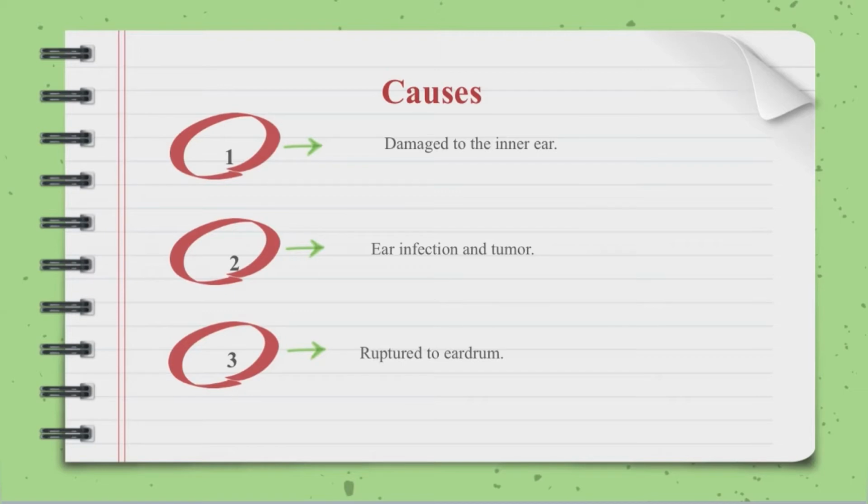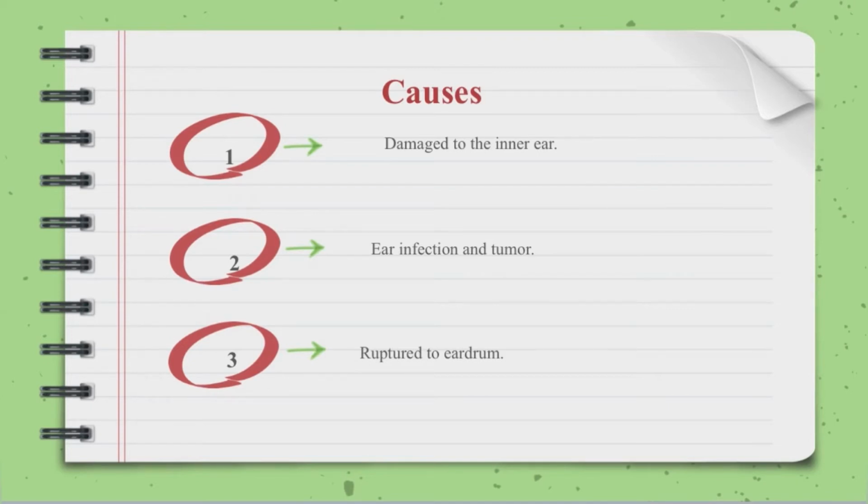I feel that you all might wonder, is it similar or different between damage to the inner ear, like my first point, and rupture of the eardrum? Yes, it is different, because the eardrum is located in the middle ear, while the first cause involves the inner ear.